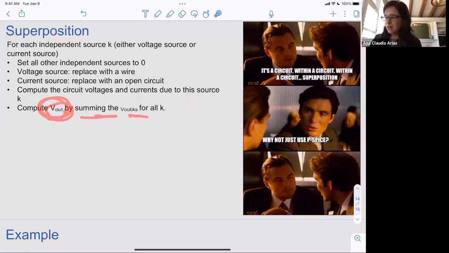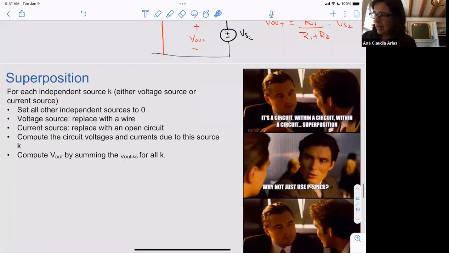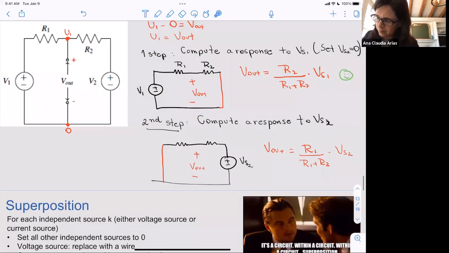So the only thing that's missing here in our example is what? That we would say that V out is, I will call here V out 1, V out 2, the sum.